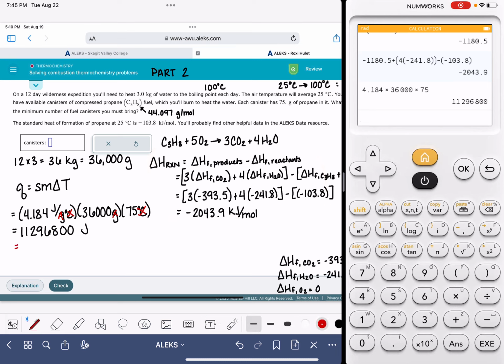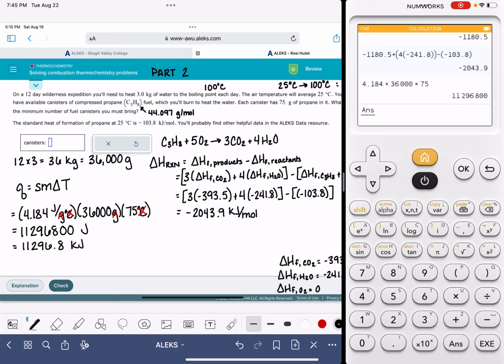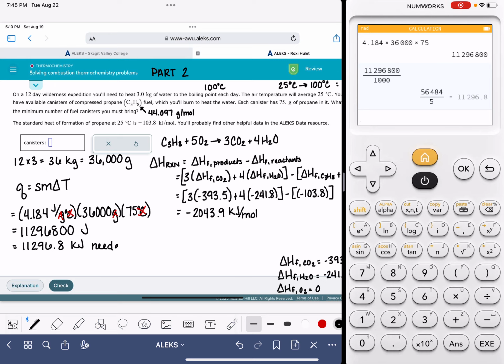So let's go ahead and convert this into kilojoules by dividing it by 1,000, 11,296.8 kilojoules. I'm going to do that on the calculator also, just so that we have that number in case we need it. Okay, so this is the amount of heat that is needed to heat up all that water. And this is the amount of heat that is produced every single time this reaction runs.